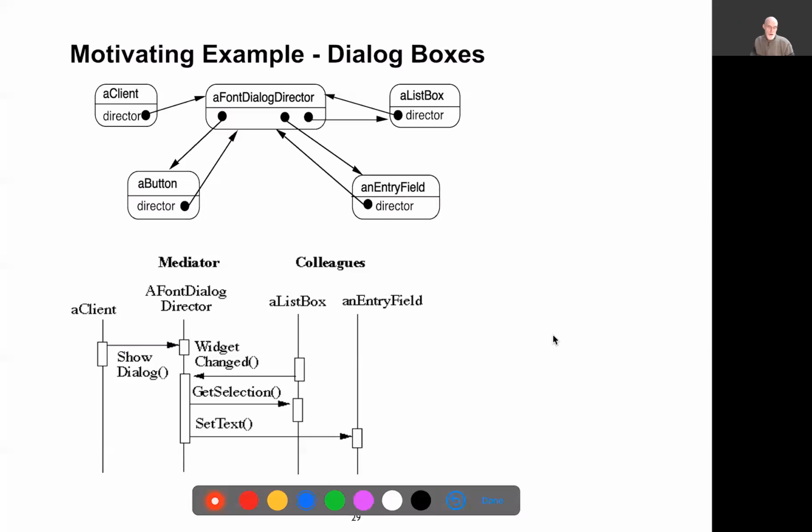So maybe you pick an option in a list, and that means other options have to pop up. So instead of having that list have to know about this other option over here, it just tells the mediator, look, they've selected item 3, and the mediator then is going to tell another entry, oh, item 3 was selected, so show the sub items related to item 3.